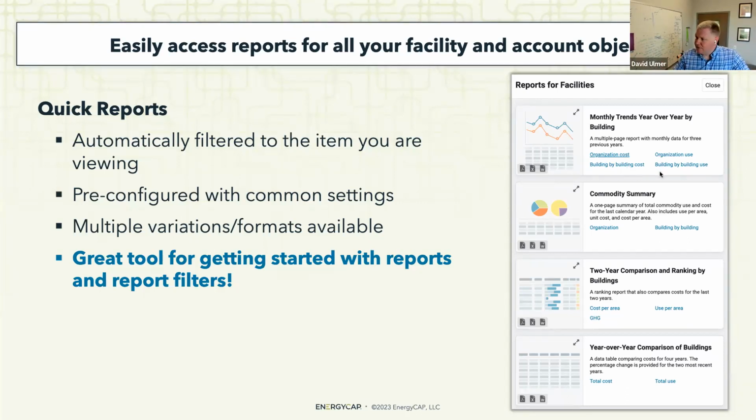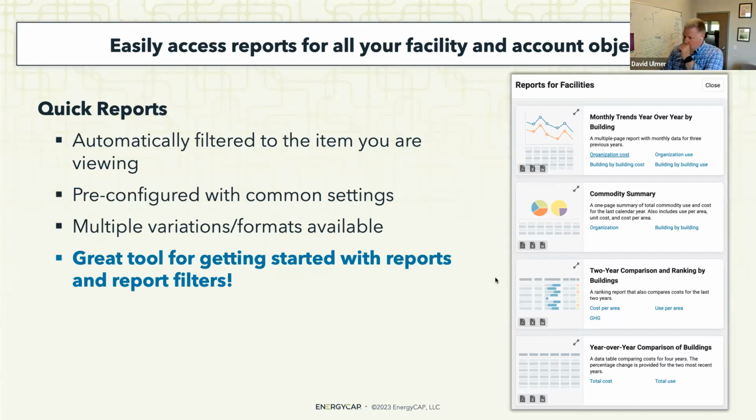All of these different links are different variations of the report as well, so you don't have to configure them in advance. You can simply click here and see all of these reports that are already pre-configured for the thing that you're looking at. This is really one of the best tools for getting used to using reports, learning which reports are helpful and learning which filters you might want to use when running a report.